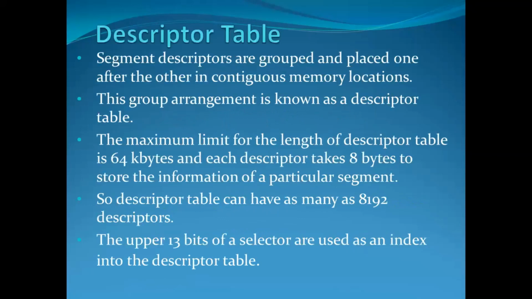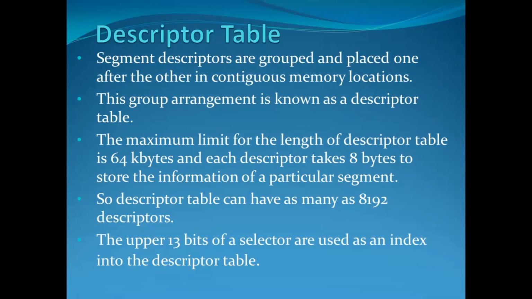In descriptor tables, the segment descriptors are grouped and placed one after another in a continuous memory location. This group arrangement is known as a descriptor table. The maximum limit for the length of the descriptor table is 64 kilobytes, and each descriptor takes 8 bytes to store the information of a particular segment.